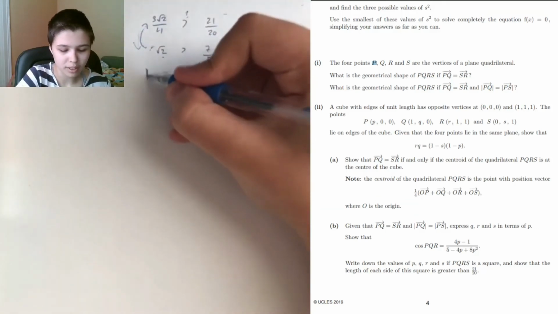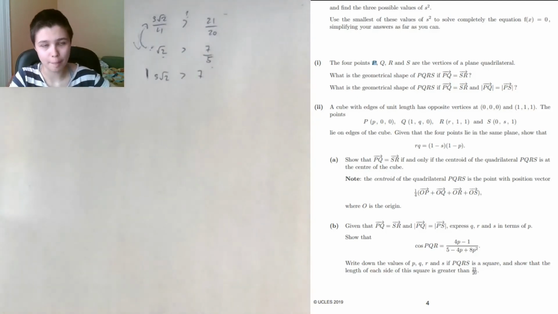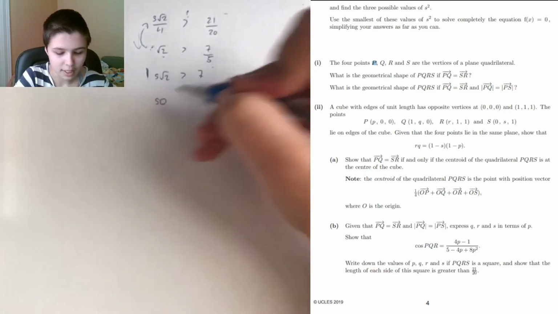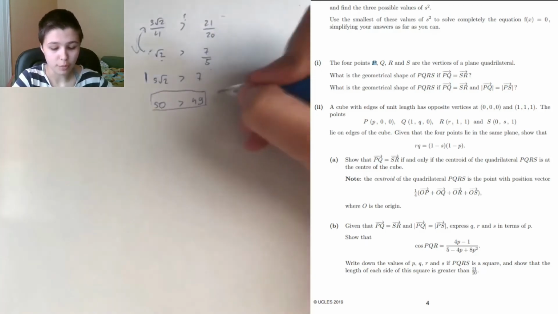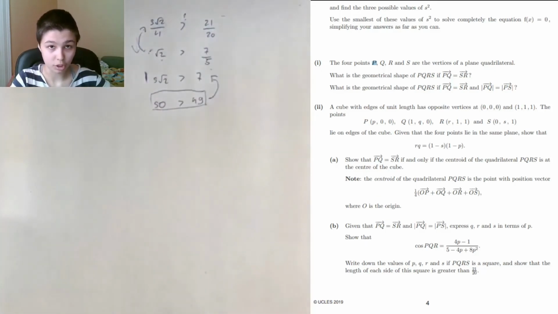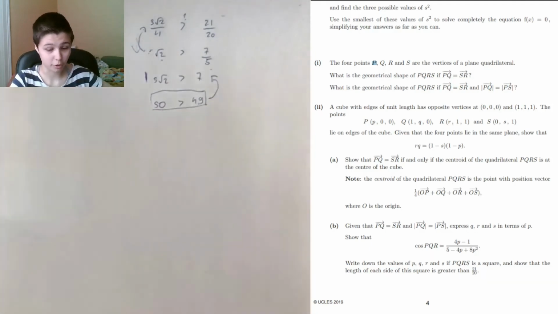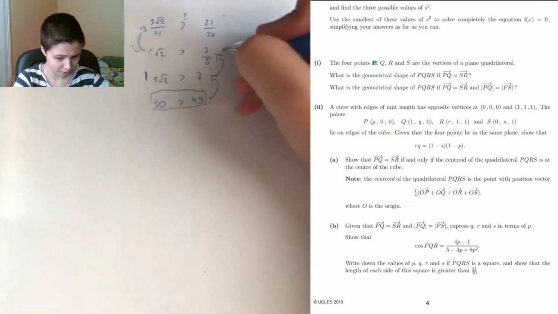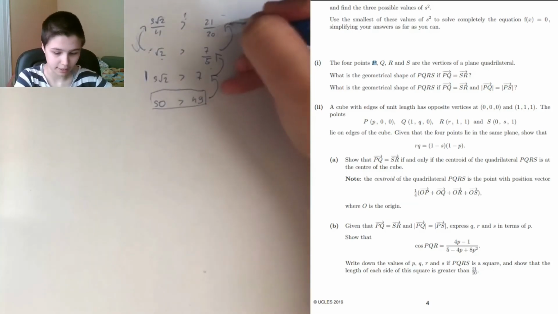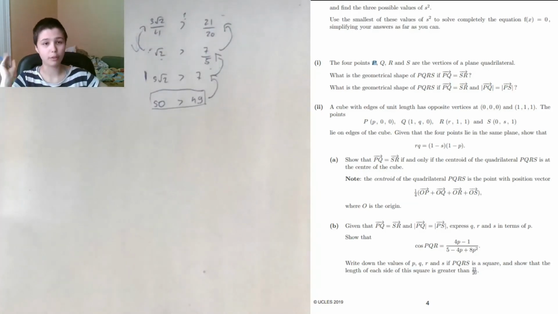And because both of these are positive, if we square both of them, we get 50 is larger than 49, which is definitely true, which means that this is true because that's just the positive square root of both values. So this is true because this is just multiplication by 5 both sides, and then this is definitely true as well because that's just division by 4 and multiplication by 3.